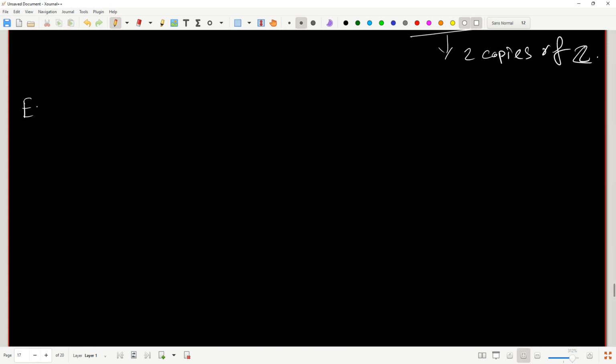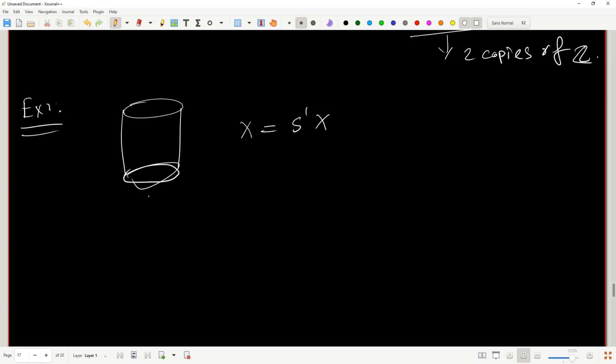And let's consider another example. A cylinder, our old favorite cylinder. If I call it X, then this is just S1, that means this circle, with a Cartesian product with the real numbers.